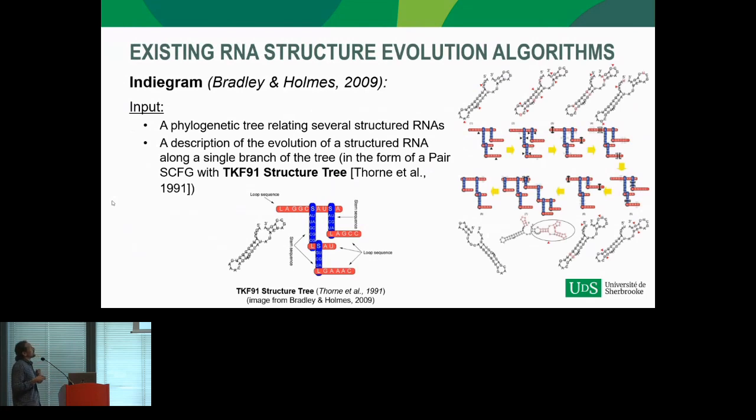Here is one of the methods that have been developed for such a problem, Indigram. It's a method that takes as input a phylogenetic tree relating several structured RNAs, and a description of the evolution of structured RNA along a single branch of the tree, in the form of a pair stochastic context-free grammar with a TKF91 structure tree model for RNA structure.